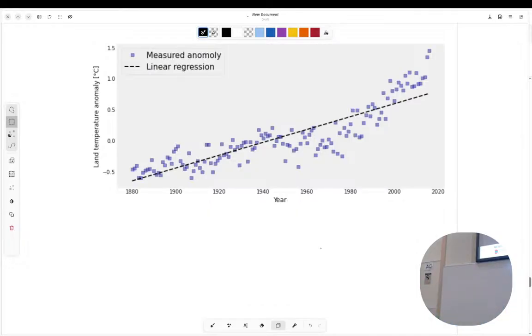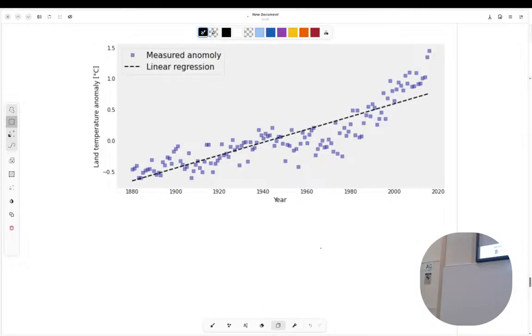What is this graph showing? Okay, it's just called anomaly. Okay, average, so take total average. Oh, moving average.